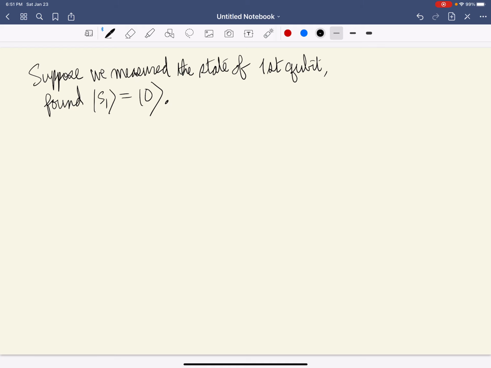You may have heard that every measurement that we do on a quantum state results in the collapse of the state. Okay, but what exactly does that collapse mean? So I'm gonna first give you a quick explanation of what that collapse means.